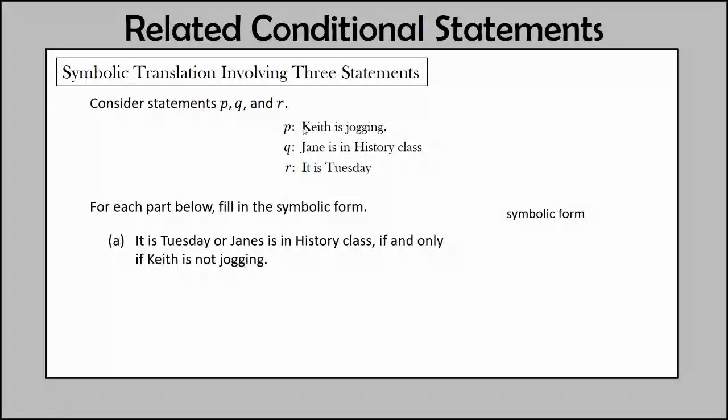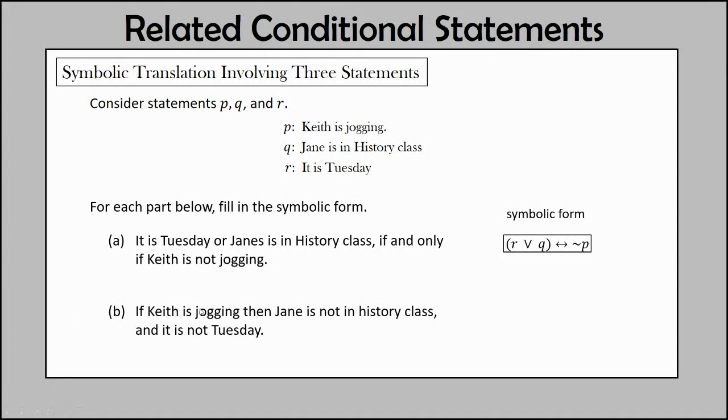Keith is jogging is statement P, so I want the negation of that. So it's going to look like this: R or Q, so it's Tuesday or Jane is in history class, if and only if, that's when the arrow goes both directions, the negation of P. Keith is not jogging.